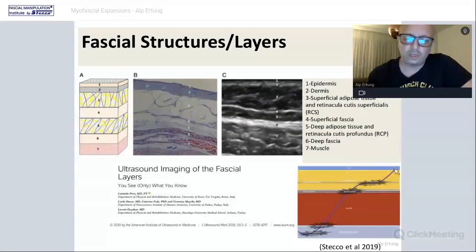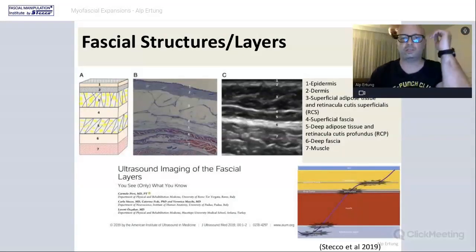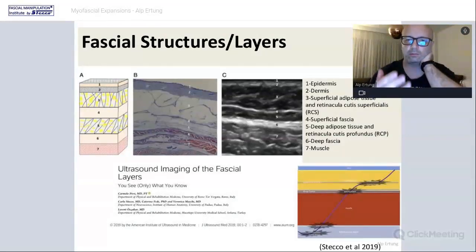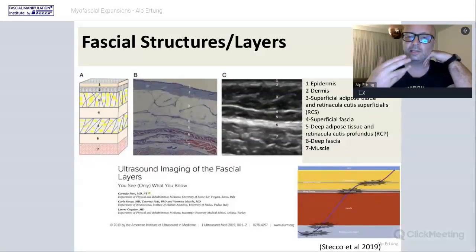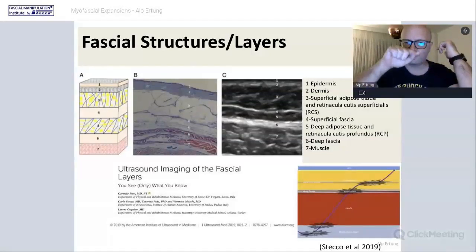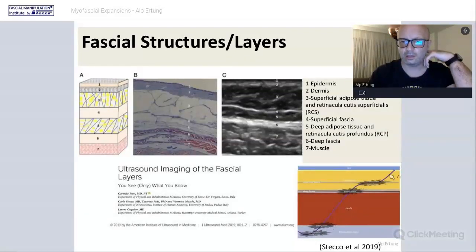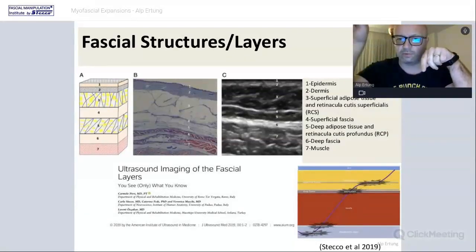I put this illustration from the study of Antonio Stecco and his colleagues. The name of this study was something like fascial nerve entrapment. It tells us how nervous tissue can be affected along the course that it follows.